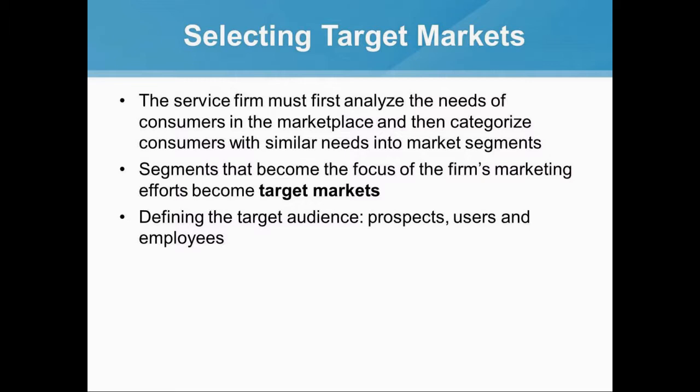Users. In contrast to prospects, more cost-effective channels are often available to reach existing users. These may include cross or upselling efforts by frontline employees, point-of-sale promotions, information distributed during service encounters, and location-based mobile apps.